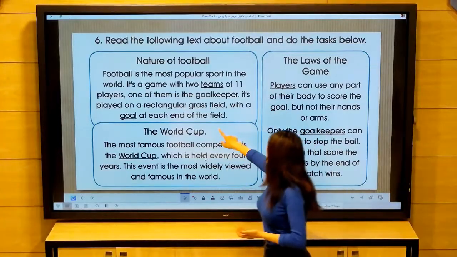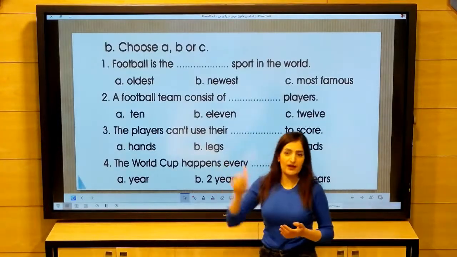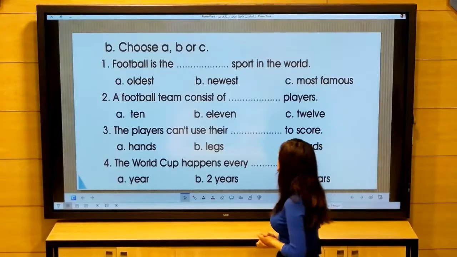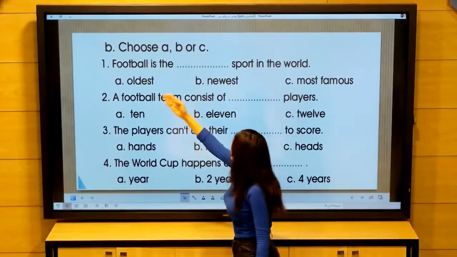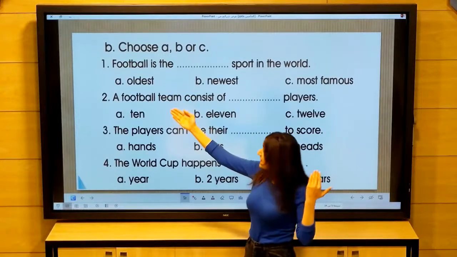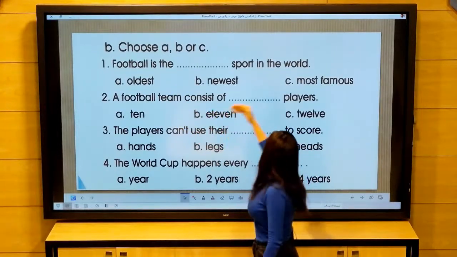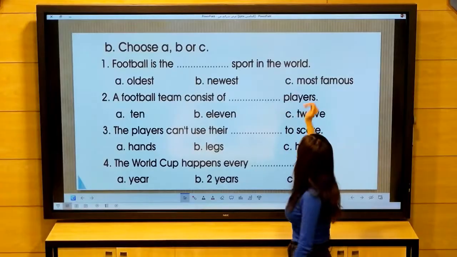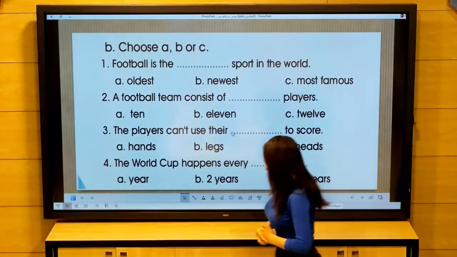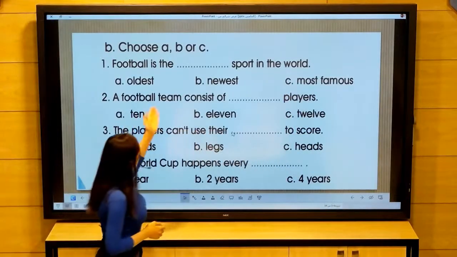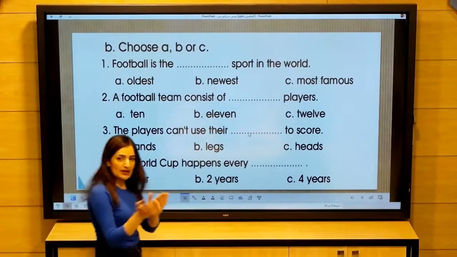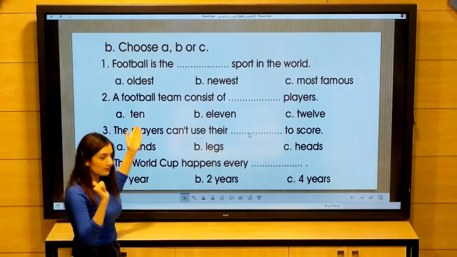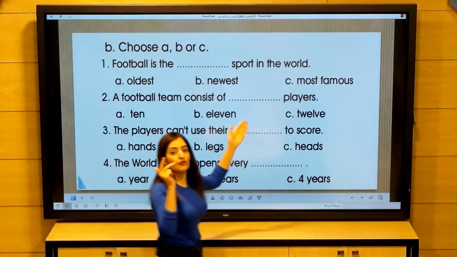Now, we have here some questions about the last text. First, choose A or B or C. Football is the oldest, newest, or most famous sport in the world. Number 2, a football team consists of how many players? 10, 11, or 12?